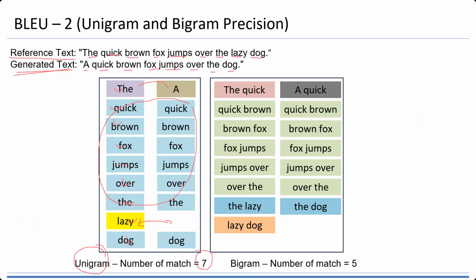What about bigram? We have the quick brown fox jumps over the lazy dog, and you can calculate the overlapping. This is overlapping, and this is not, and this is not. Then you can see the bigram has 5 matches.